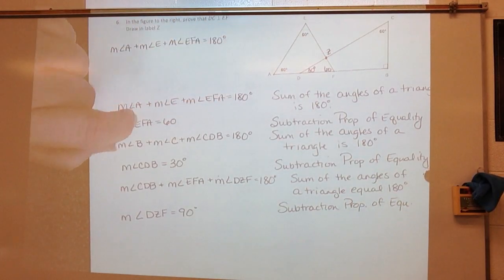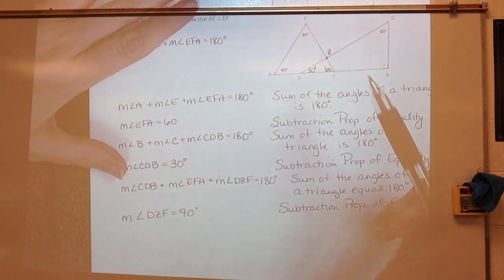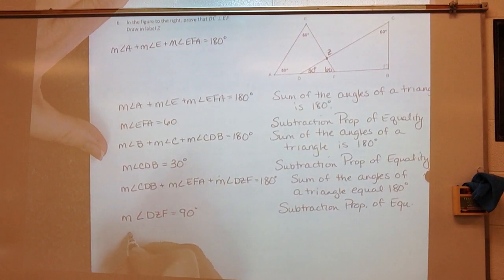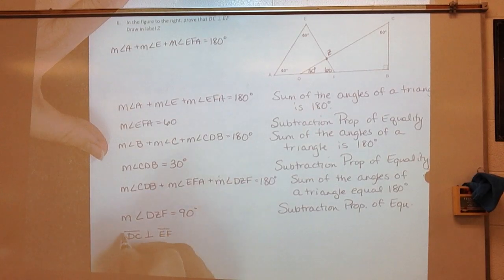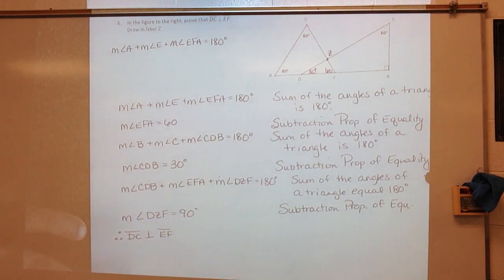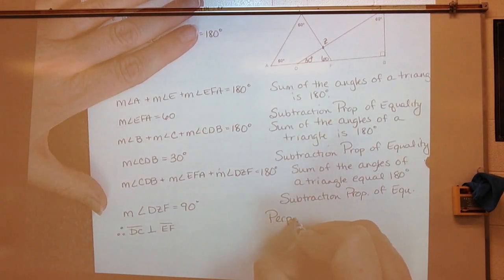And since it's 90 degrees, what do I know about my lines? They have to be perpendicular. So DC has to be perpendicular to EF, because the definition of perpendicular lines means they form 90-degree angles.